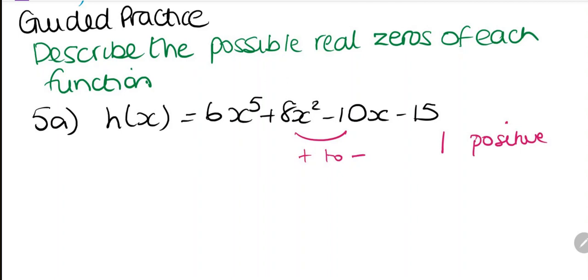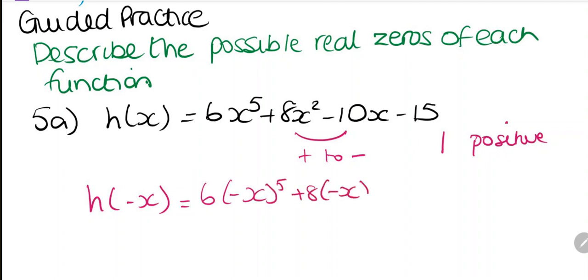And then we need to look at if it was negative. So we're looking at h of negative x: 6 times minus x to the 5, plus 8 times minus x squared, minus 10 times minus x, minus 15. Minus x to the 5 is odd, so we're going to have minus x to the 5.